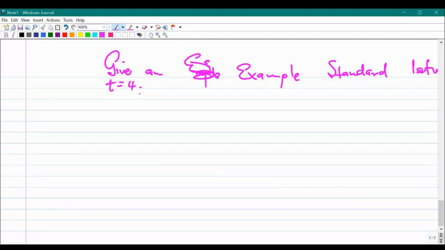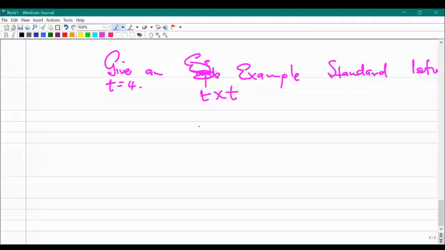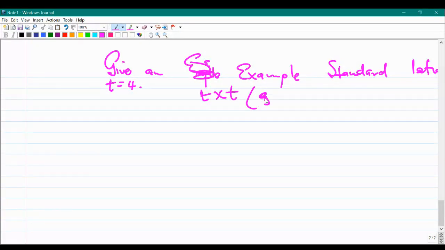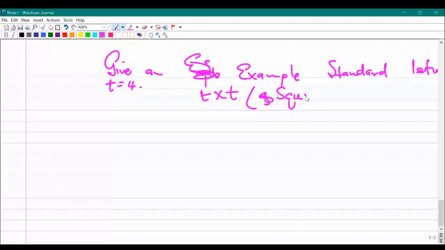What comes to your mind when you want to come up with the layout? What is the first thing we must make sure is correct? For a standard Latin square where t is 4, it's a t by t design, so whatever you come up with must be a square.